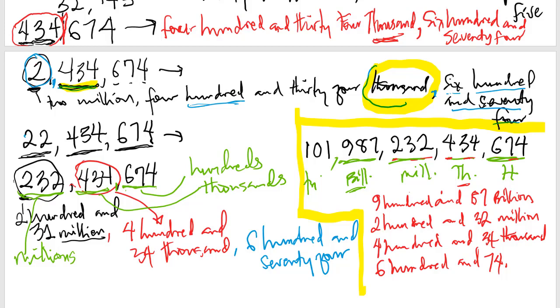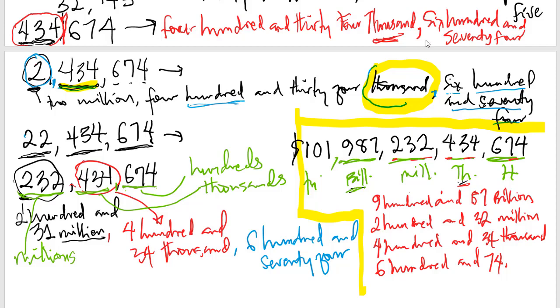Okay, 101 trillion, 987 billion, 232 million, 434,674. Yes, $674 or something, if everything is in dollars. So let's say 101,382,334,674, okay, and so forth for zillion and the rest.